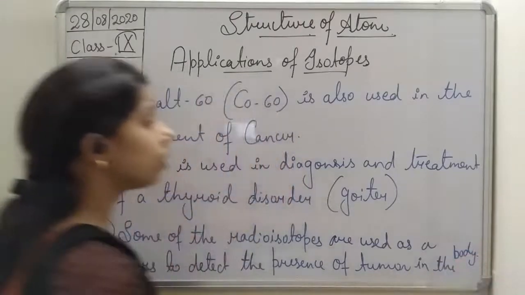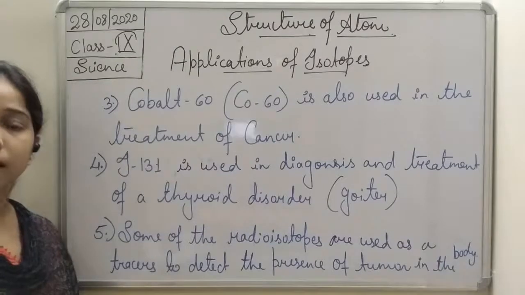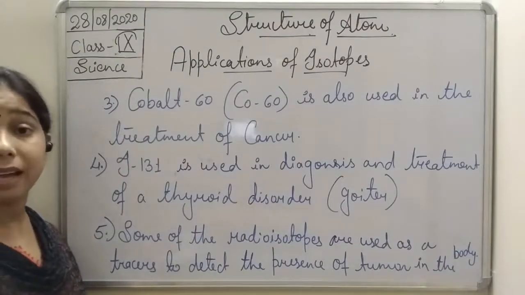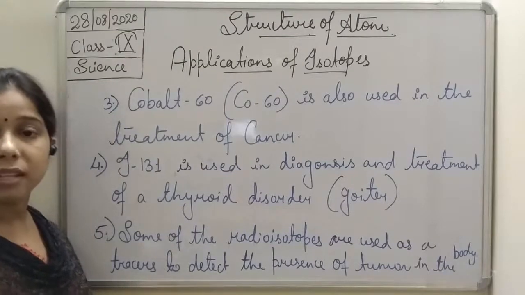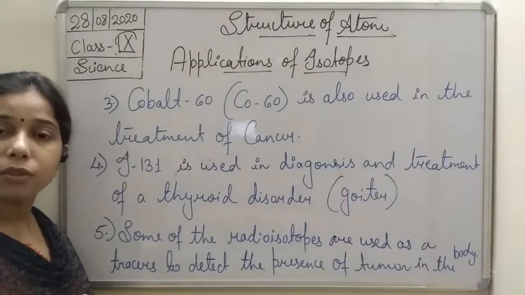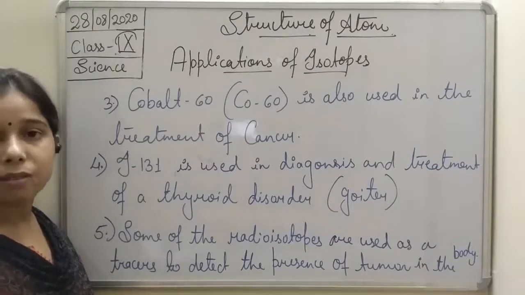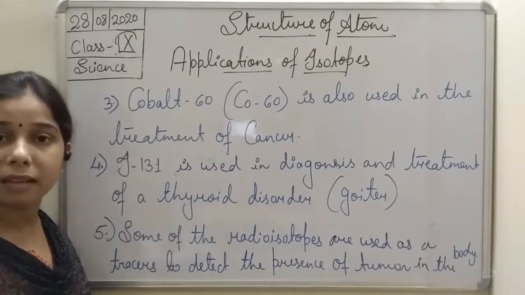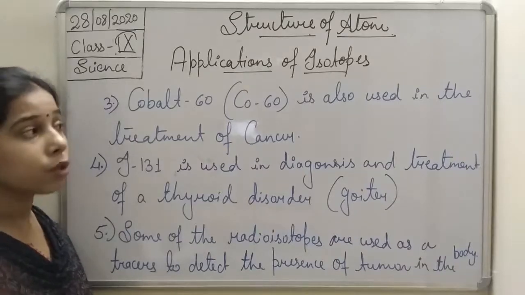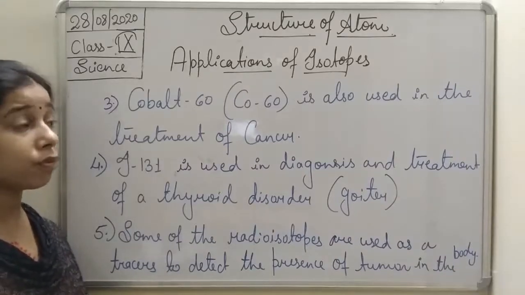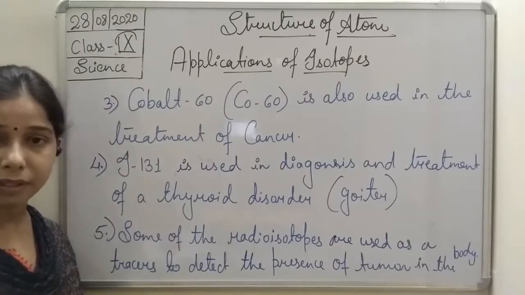Not only these, there are a lot of radioisotopes, like sodium-24. These are some of the radioisotopes used to detect the presence of a tumor or cancerous cells. These are some of the radioisotopes used in the medical field.